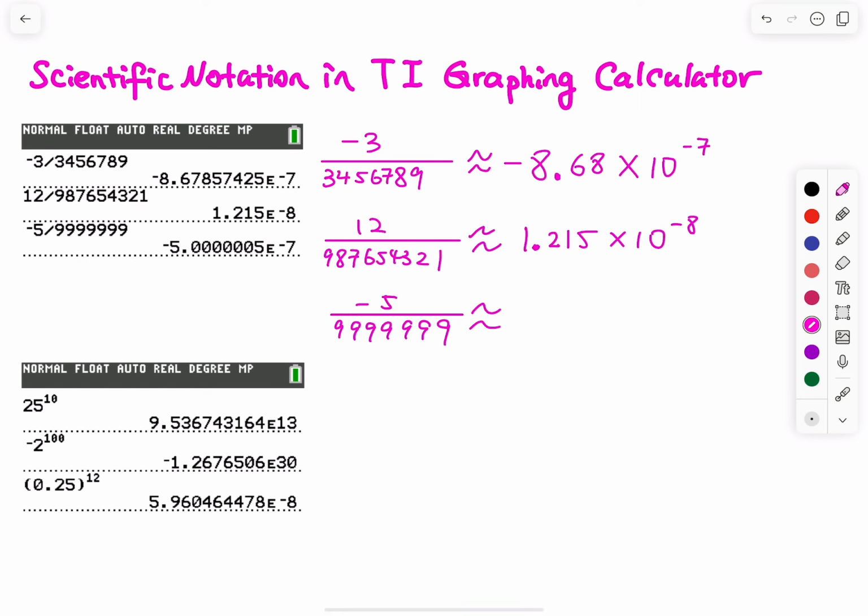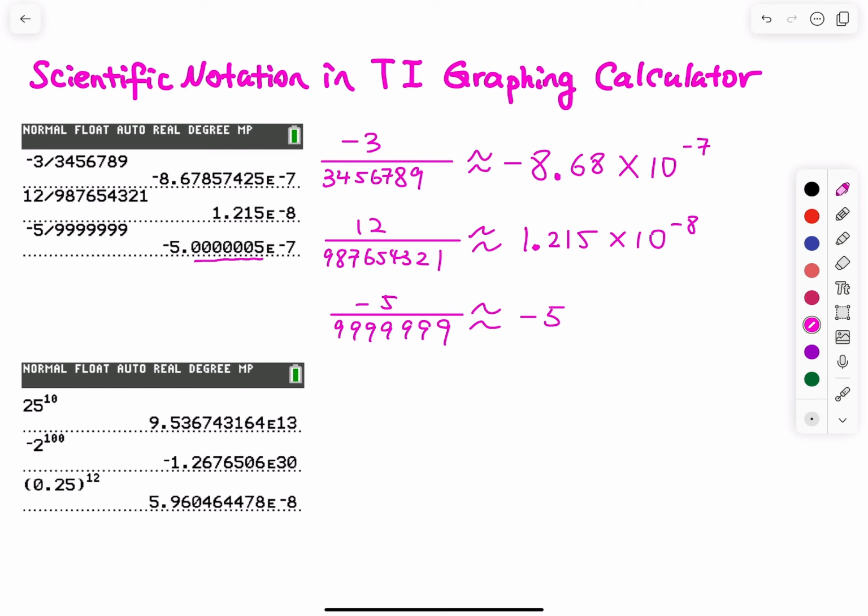Next, we have -5 divided by 99999, right? You have -5.000, a bunch of 0s and a 5, times 10 to the -7. So you can just do a -5. I don't think you need to keep that many digits. Usually people don't write that.